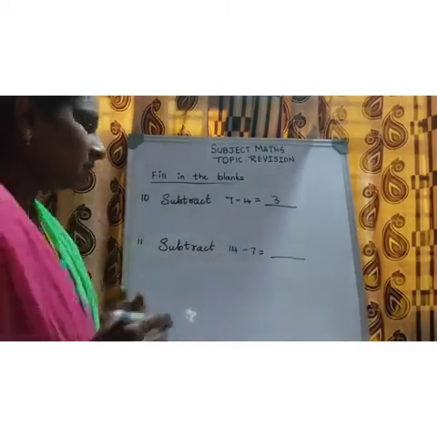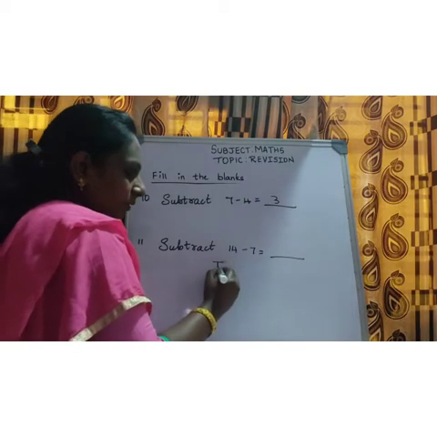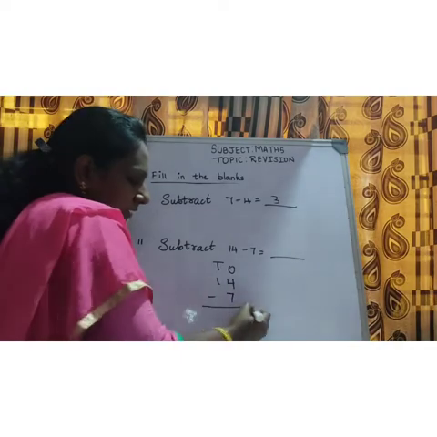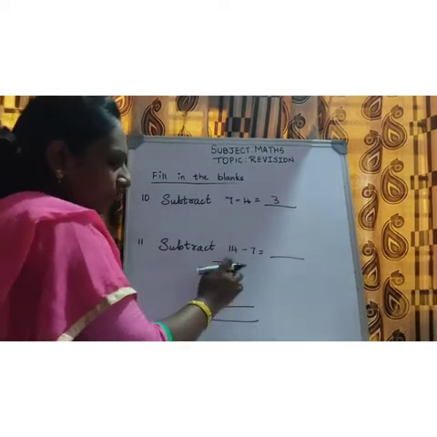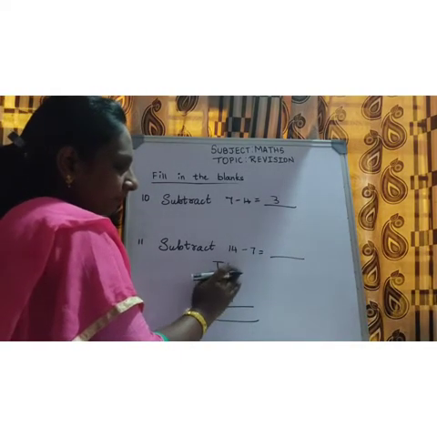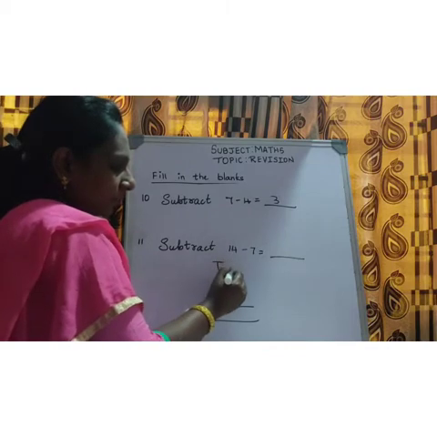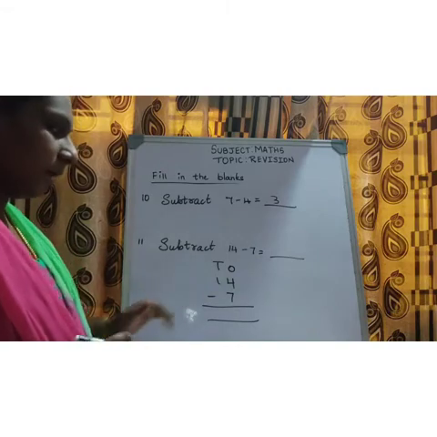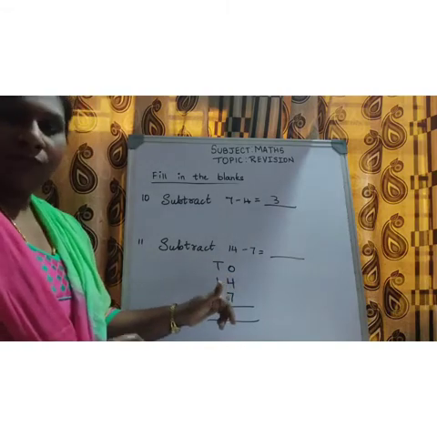So 14 minus 7, I will show you here. First write the place value, then first number minus second number. So in 4, 7 will not go.